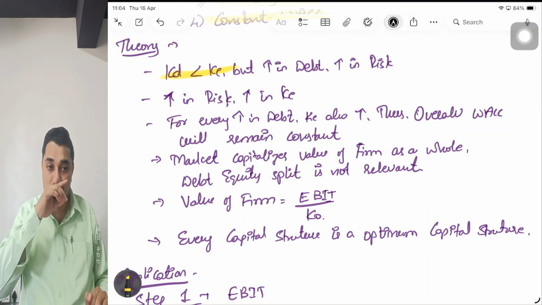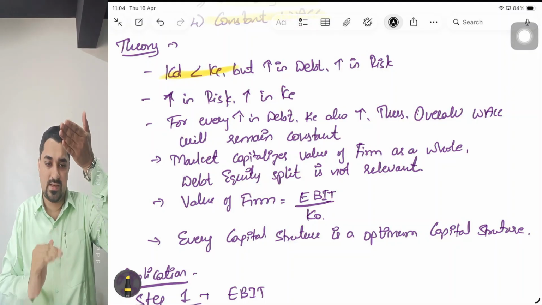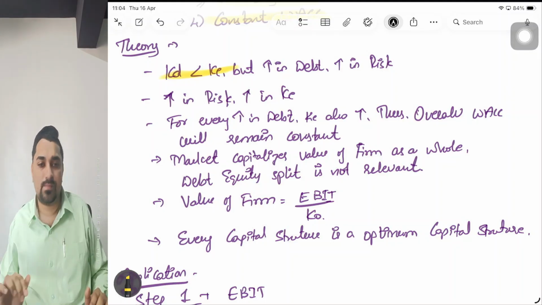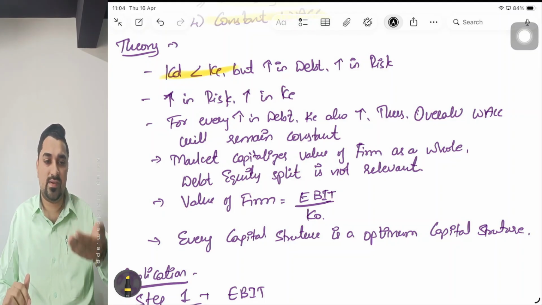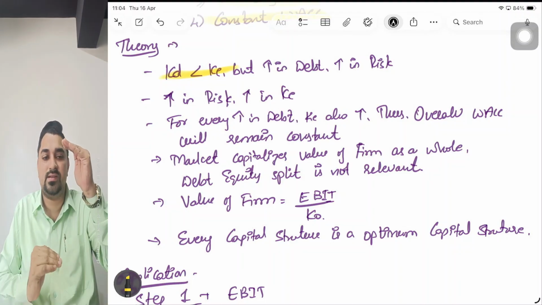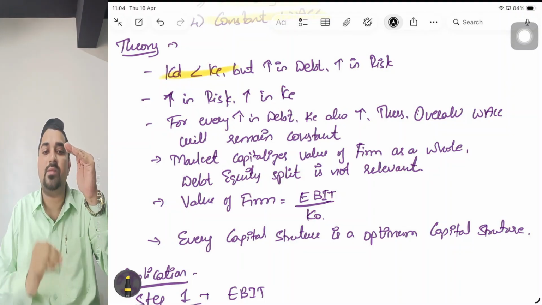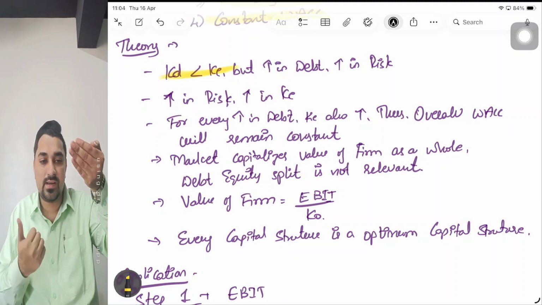So in the earlier approach, what we said, debt is a cheaper source of finance. Increasing the proportion of debt will cause a reduction in WACC. But the NOI approach says that even though debt is a cheaper source of finance, increasing the proportion of debt in your capital structure will not make the WACC come down. You will not be able to do this because for every increase in debt, what will increase? Risk will increase.